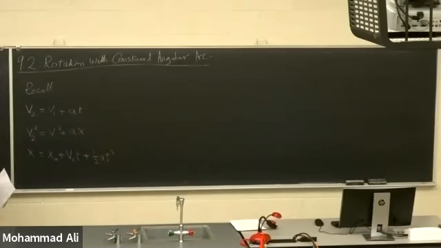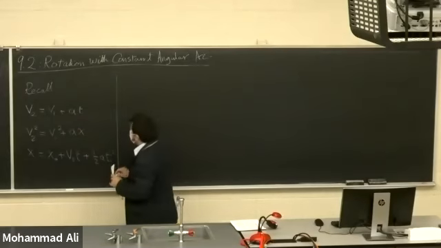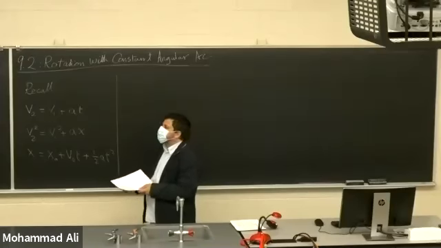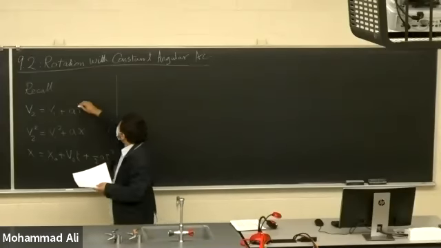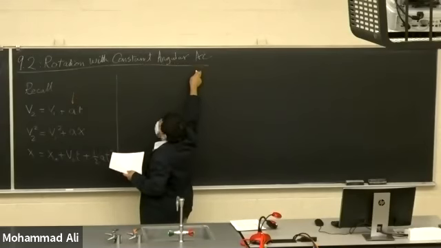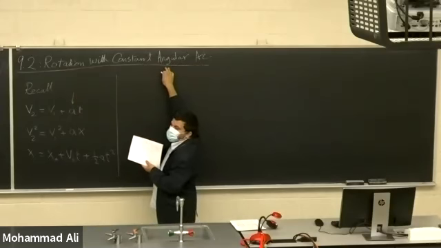We finish these equations. If we like to solve any example using these equations, it will be simple for us. These equations are for constant acceleration, but our acceleration today is angular acceleration.